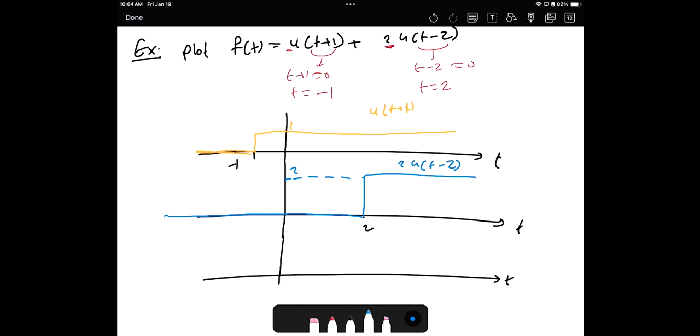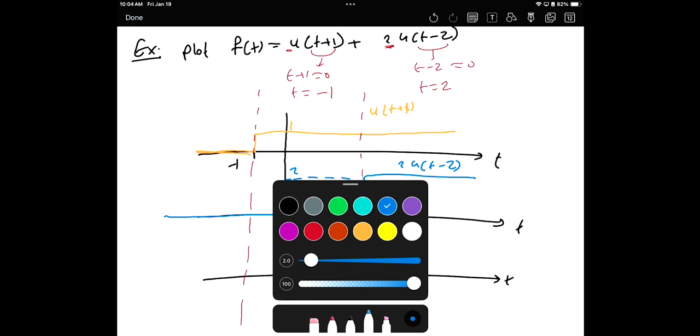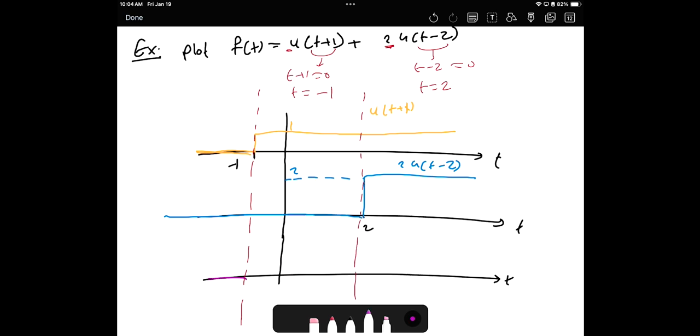Okay? Now we need to do their sum. After we're done with each term, let's do the sum. In order to do the sum, let's draw the guidelines at negative 1 and at 2. Before negative 1, 0 plus 0 equals 0, therefore it will be 0. Between negative 1 and 2, it is 1 plus 0, which is 1.